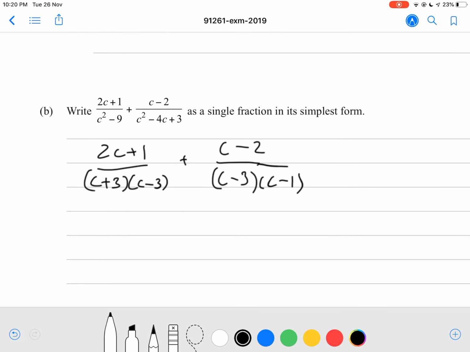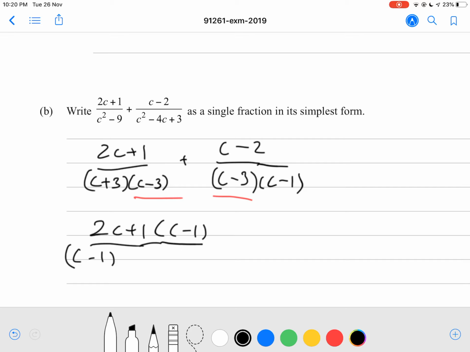Alright, so now we want to make the same denominator. So we have c plus 3 and c minus 3. We do have a matching c minus 3. However, we have a c minus 1 on the right hand side, and we have a c plus 3 on the left hand side. So we want to have everything the same. So 2c plus 1 over, and this is missing c minus 1, so the top needs to be multiplied by c minus 1 as well.